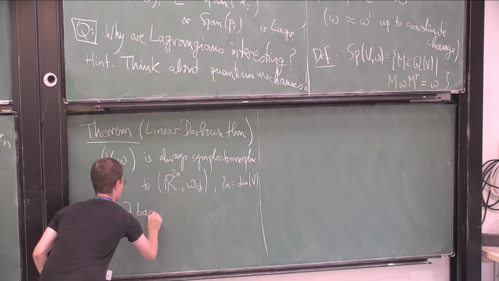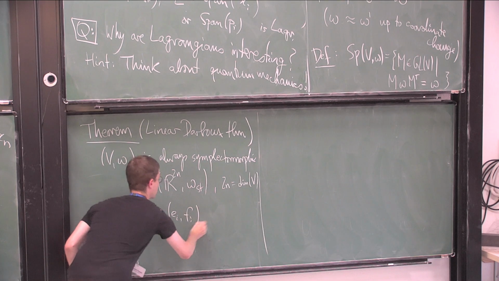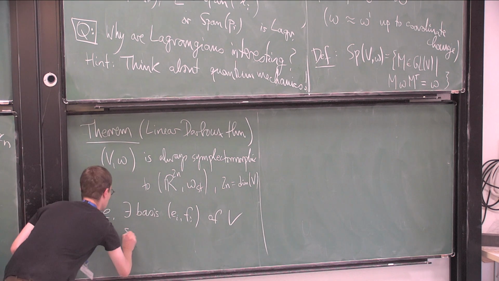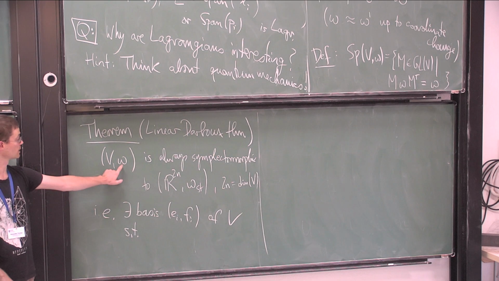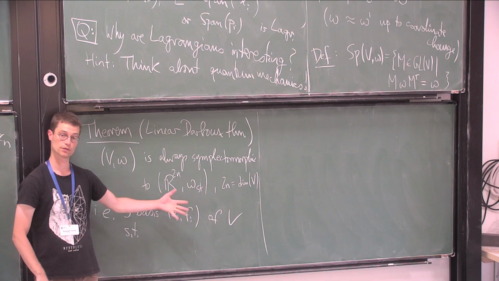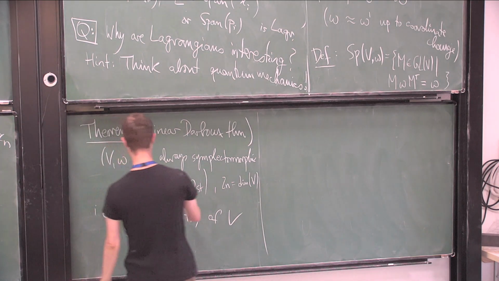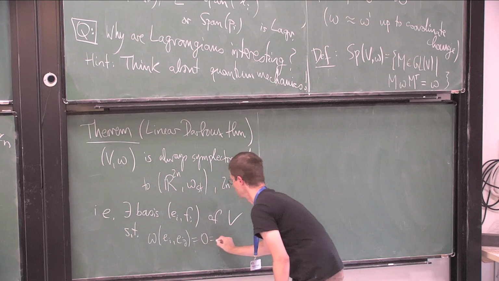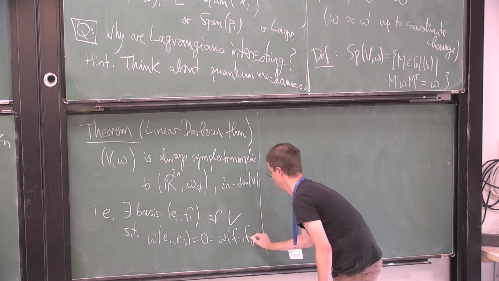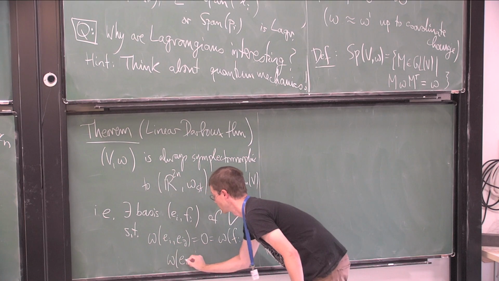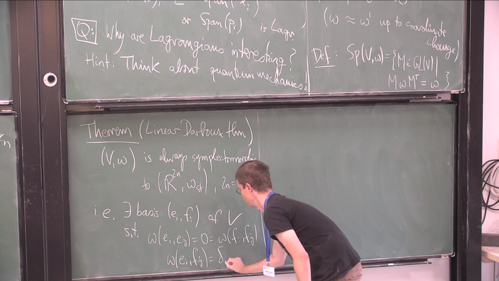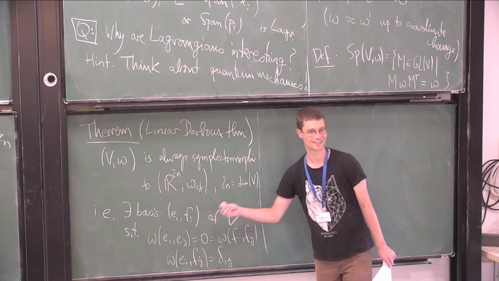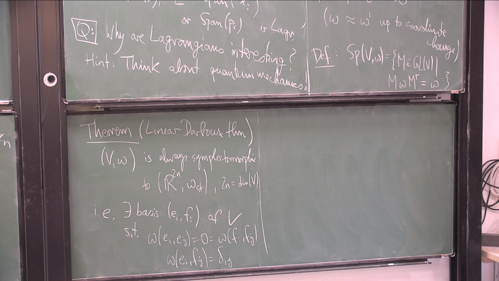There is a basis e_i, f_i of V such that when you write the matrix of this symplectic form in this basis, you see the standard symplectic form, which means that omega of e_i, e_j is 0, the same for the pair f_i, f_j, and omega of e_i, f_j equals delta_ij. Again, these relations are pretty much like the canonical commutation relations in quantum mechanics.